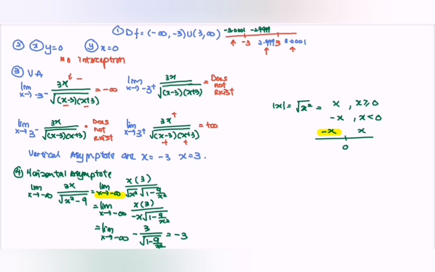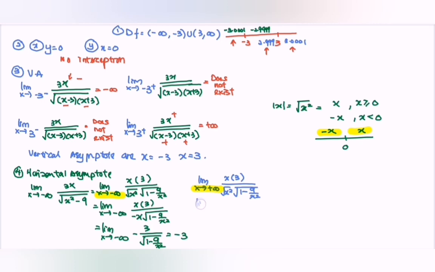Repeat the same process. The limit when x approaches positive infinity, we have x multiplied with 3 over the square root of x squared, times 1 minus 9 over x squared. Based on this case, x approaching positive infinity means towards the right, so we are going to make use of the x.